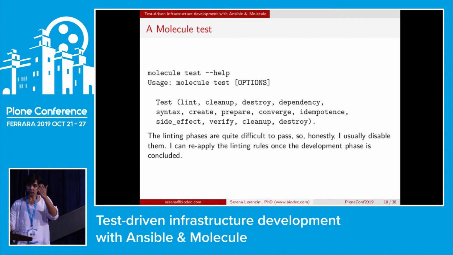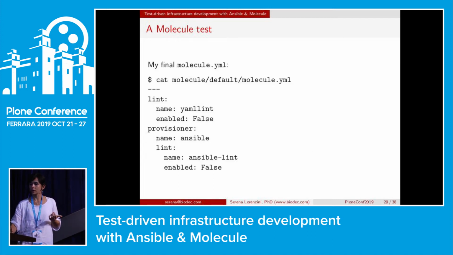Unfortunately, the linting phases are quite difficult to pass. So honestly, when I am in the development phase, I disable them, and for you, I included here how you disable the linting of the YAML code and the Ansible code.